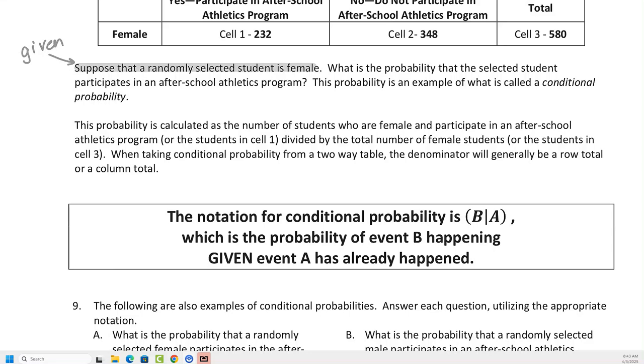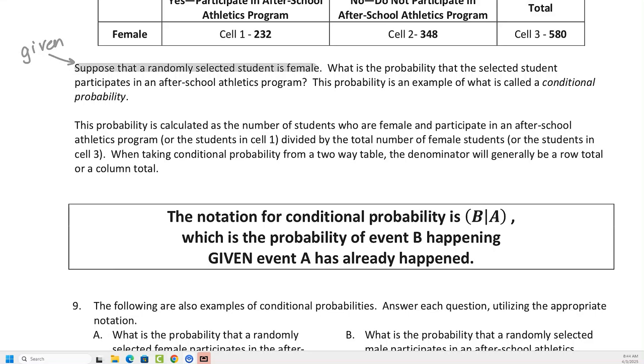This probability is calculated as the number of students who are female and participated in an after-school athletics program, or the students in cell 1, divided by the total number of female students. Notice, not the total number of students, because it was given that it was a female, so we are going to pull from just this row, or the students in cell 3.